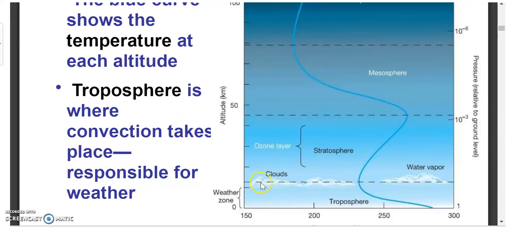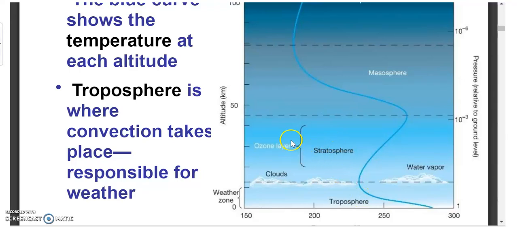And then of course it says the troposphere. This is the part basically from the surface of the Earth to the tops of the clouds. This is basically where all the weather takes place. Everything pretty much that we experience takes place in the troposphere.